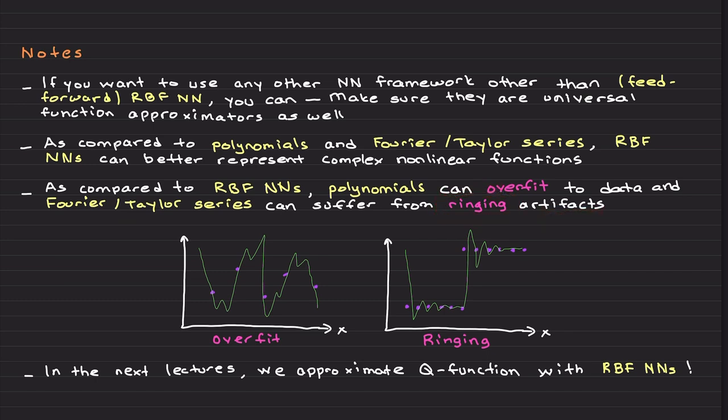Here are the ringing artifacts that you see here and there. I would rather have a smooth approximation like this. All right, with that said, we completed our neural network review. We are going to use radial basis functions as our universal function approximators, and we are going to approximate the Q function with radial basis function neural networks.